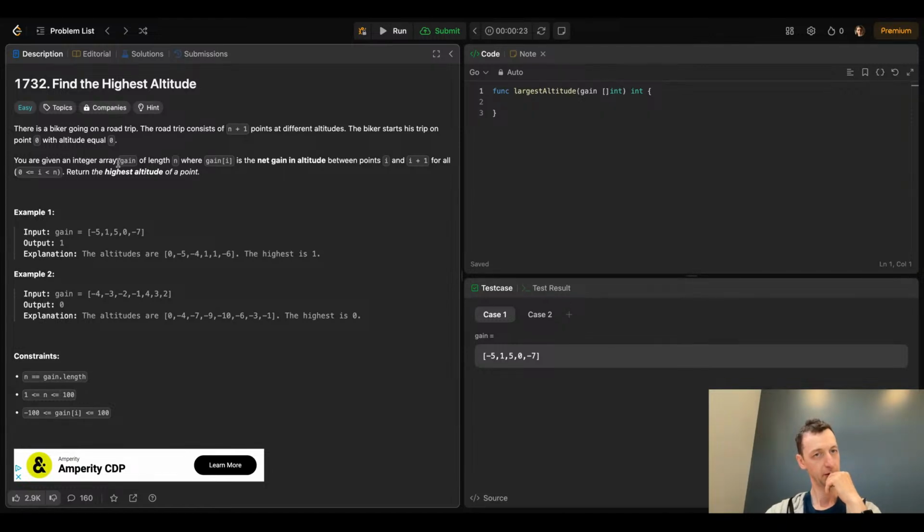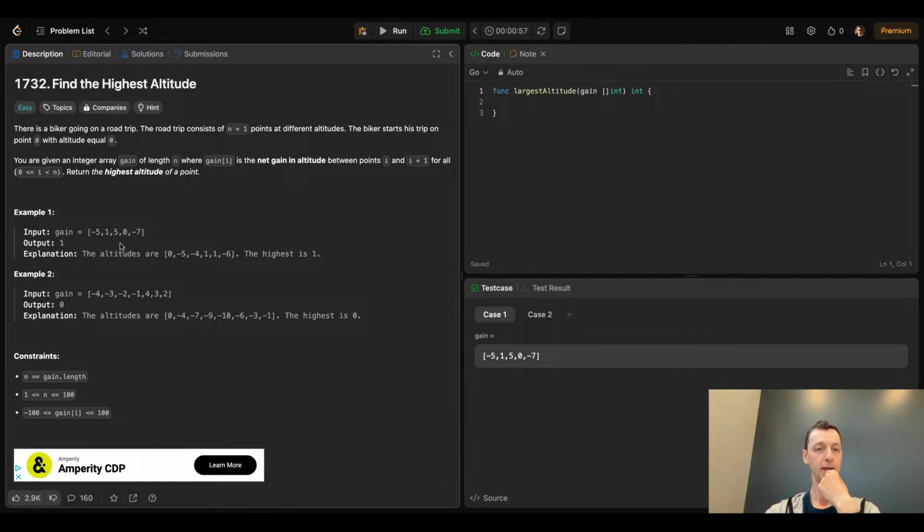You're given an integer array gain of length n, where gain[i] is the net gain in altitude between points i and i+1. Return the highest altitude of a point.